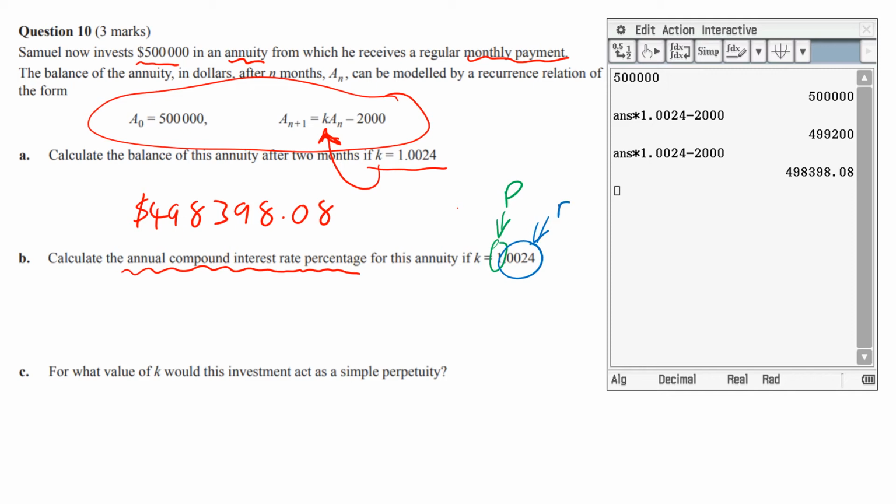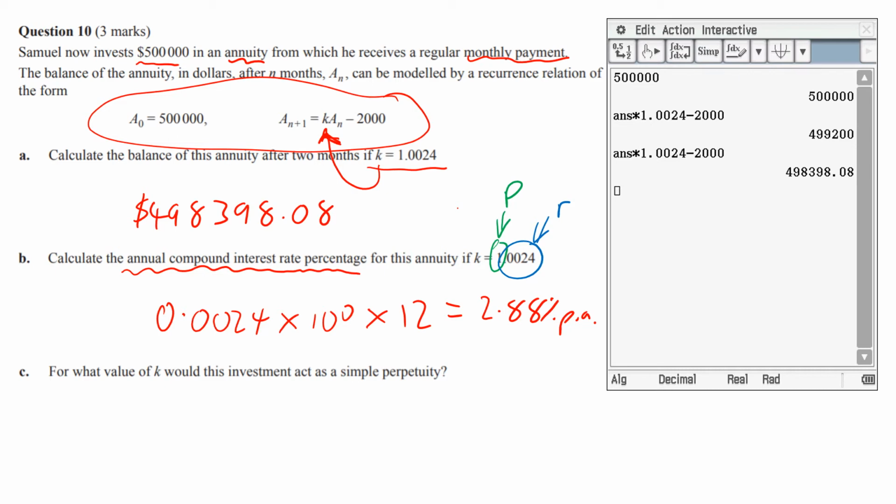So you've got to take that 0.0024 and multiply it by 100, because you want to take the decimal to a percentage, and then multiply that by 12, because you're going to take monthly to annual, and that should get you 2.88% PA. Put PA for per annum. I think you just get it for the 2.88%.